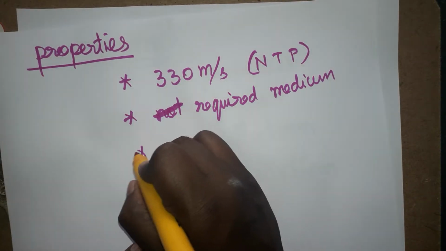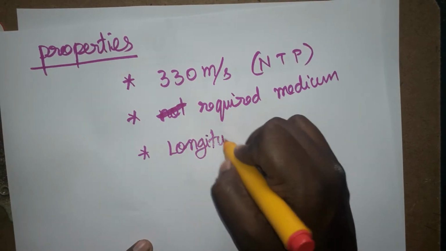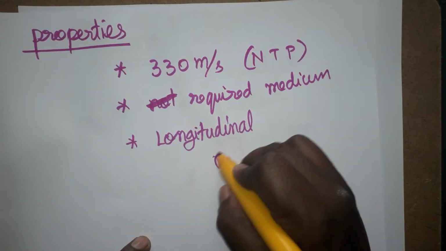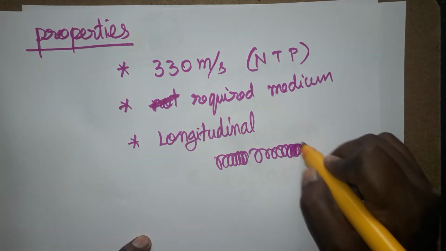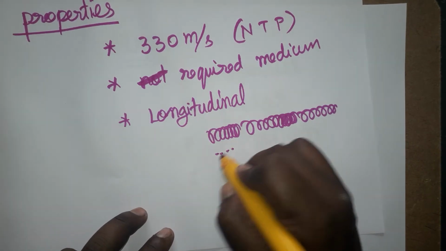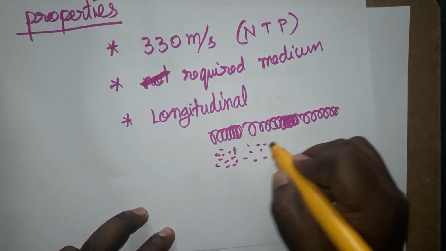Sound wave is called a longitudinal wave. A longitudinal wave is produced as compression, then rarefaction, like a spring, as an example. When the sound wave is traveling, the particles get compressed, then rarefied.